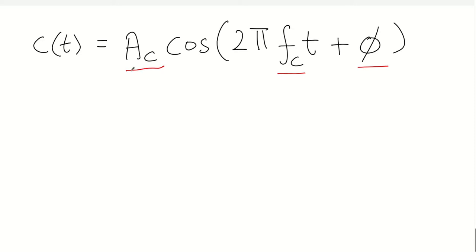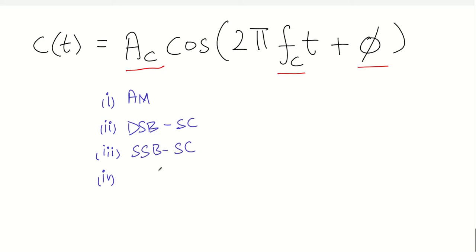If we vary the amplitude, the type of modulation is known as amplitude modulation, and it is classified into four types: amplitude modulation, double sideband suppressed carrier modulation, single sideband suppressed carrier modulation, and last, vestigial sideband modulation. And if we are varying the frequency, the modulation can be classified into two types, namely narrow band frequency modulation and wide band frequency modulation.